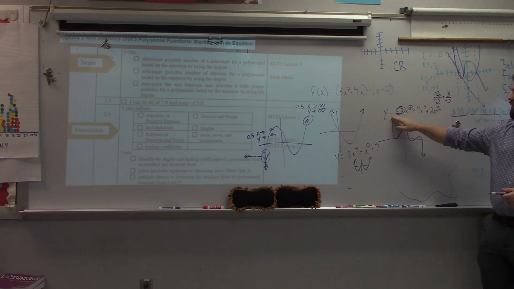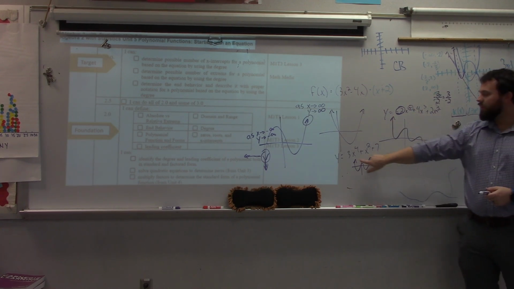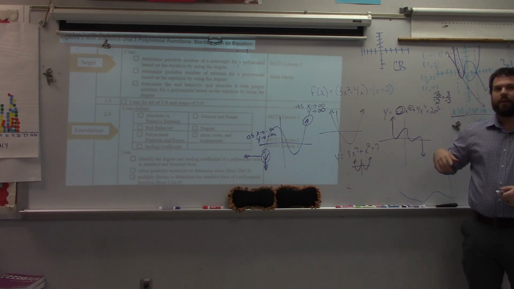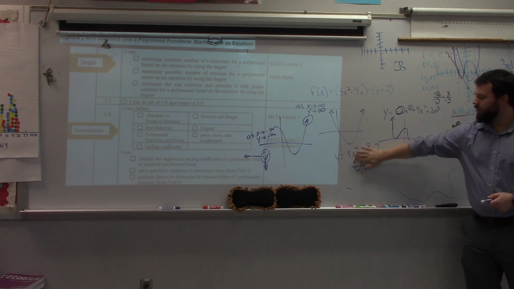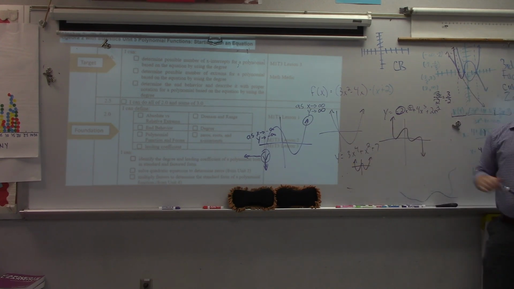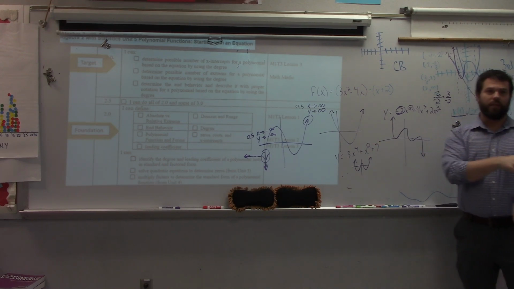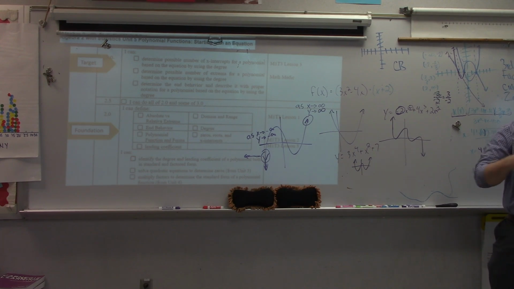So odd, it's different end behaviors. Even, it's the same end behavior. And then whether it's going up or going down is based on the leading coefficient. So remember, we made a little table yesterday in class to summarize all of that, how it looks. Okay?